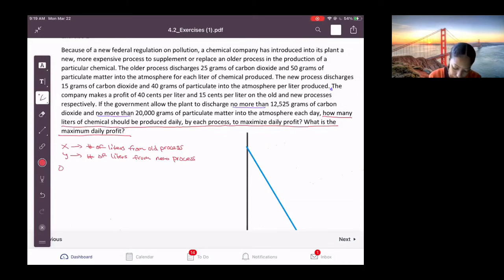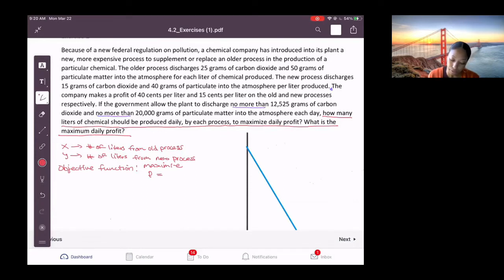And then our objective function here is what? We are asked to maximize the profit. We want to maximize P equals, where are we given information about the profit? Somewhere in here.